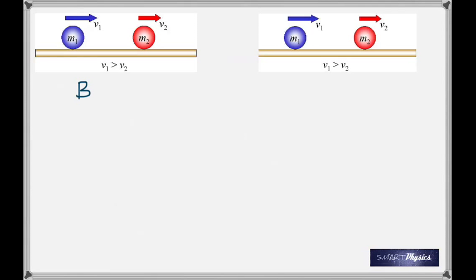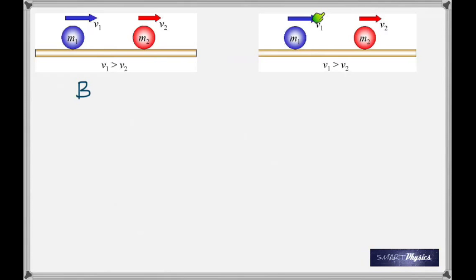Let's take a particular case of a collision between two objects. The two objects have masses m1 and m2, and they are moving with velocities v1 and v2. As you can see, if v1 is greater than v2, then they're going to collide, assuming that they're moving along the same line, because if this is moving faster, it's going to collide. Now, after collision, their velocities are going to be redistributed.